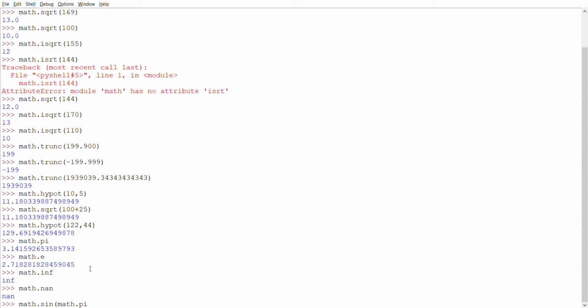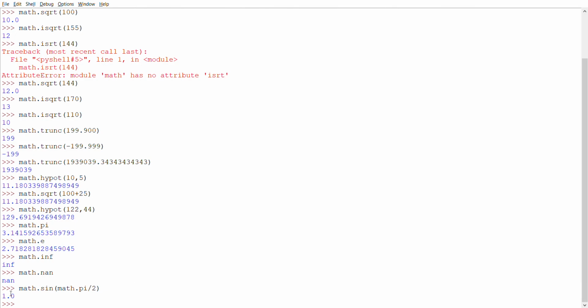Math.pi. If you want to define 60 degrees, then divide by 3. For 90 degrees, pi divided by 2. What is the value of this? 1.